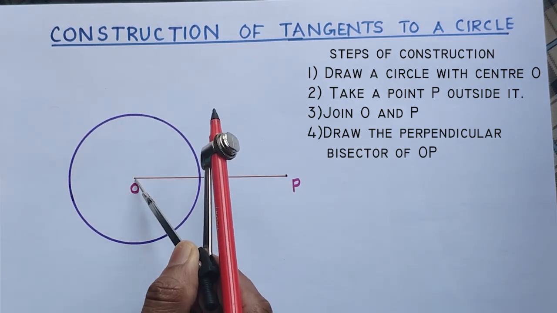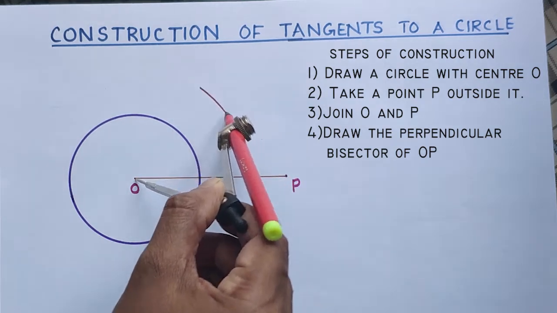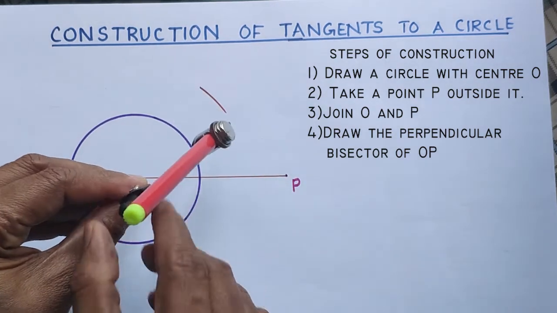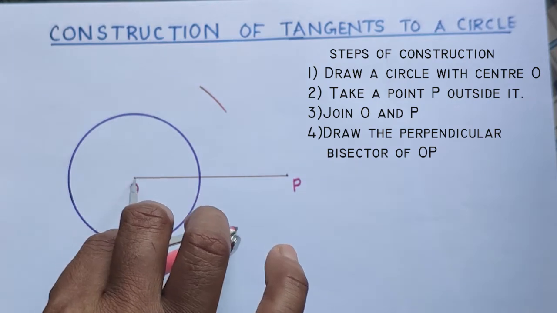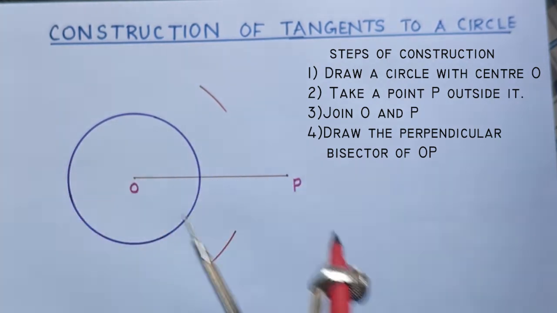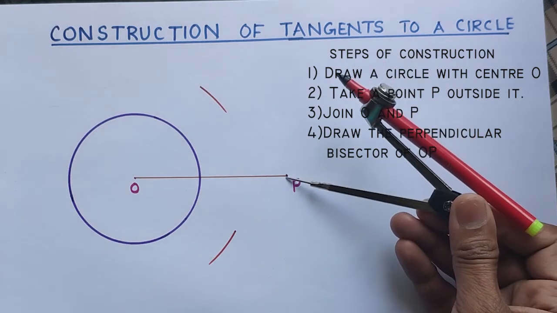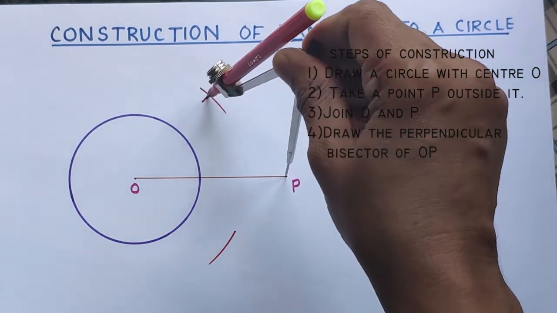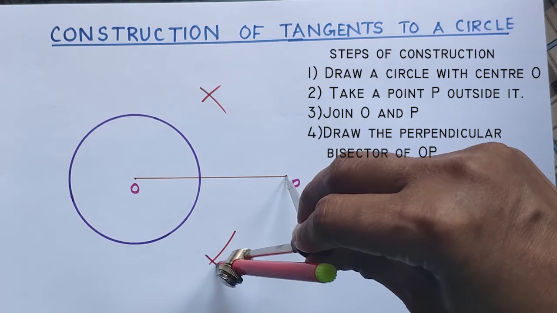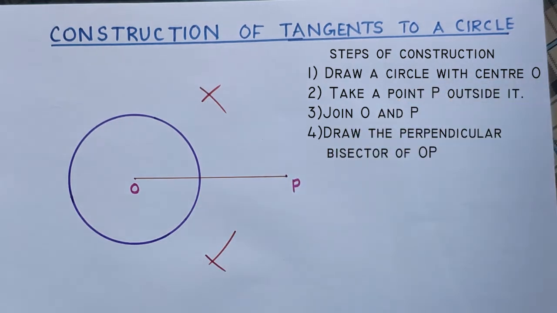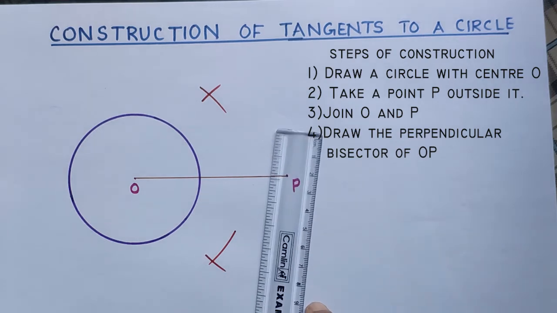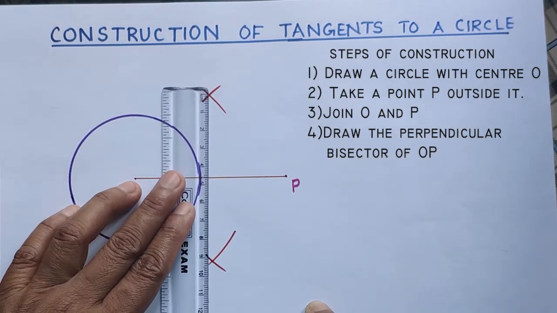Draw an arc above the line segment and below the line segment. Then without changing the compass, place the metal tip at P, draw an arc above and one below the line segment. Then join these two intersecting points, we will get the perpendicular bisector.